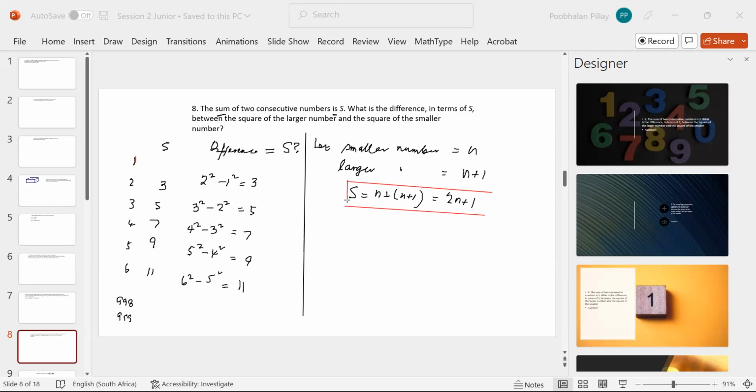So we have a formula for S. Now we want to calculate the difference between the larger number and the smaller number, right?